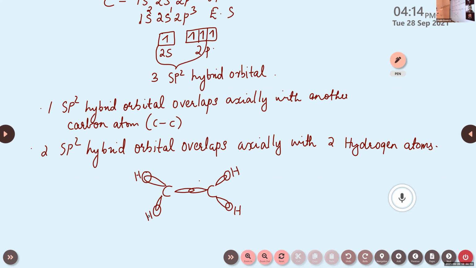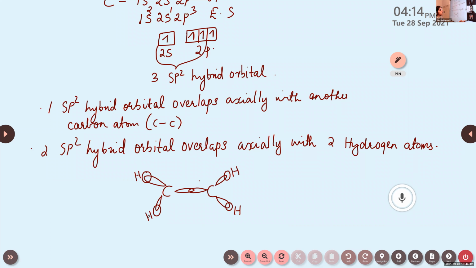Okay, this is the axial overlapping. But here, this structure is not completed. If you check the valency of carbon, it's not completed, right? Because in the case of carbon, its valency is 4. Only 3 bonds are bonded here with the carbon atom, with 2 hydrogen and only 1 carbon. So one more bond is required for completing the valency of both carbon atoms.